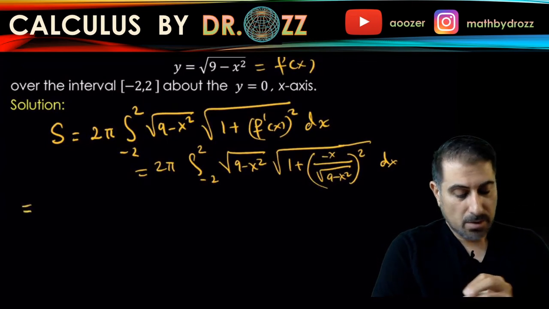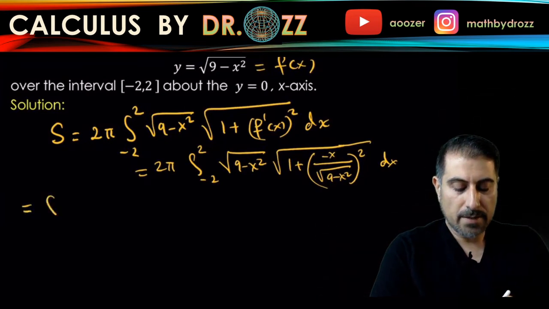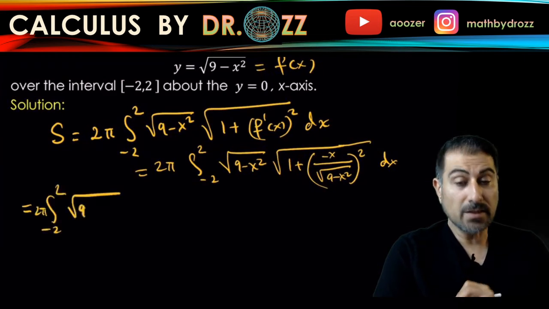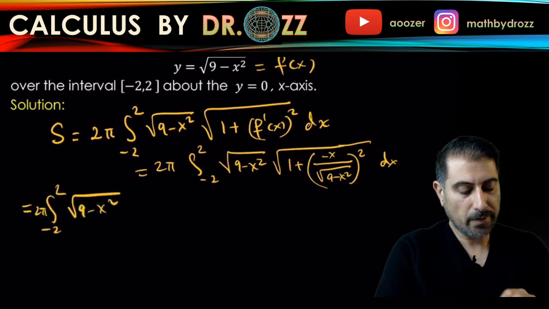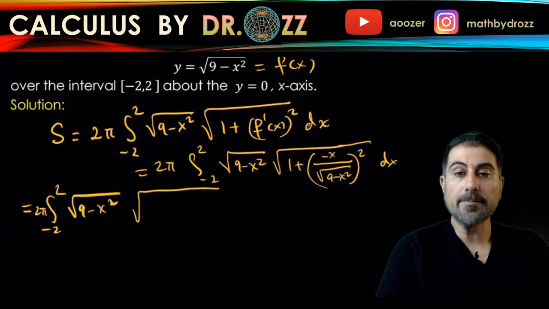Okay. So this is 2 pi from -2 to 2, radical 9 minus x squared. I'm not touching that anymore, but I'm going to simplify inside of this second radical. 1 plus x squared over 9 minus x squared, right?